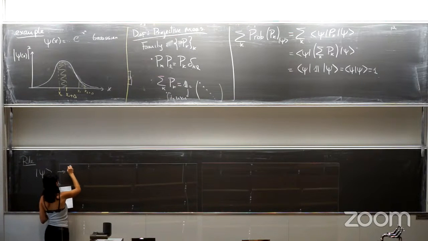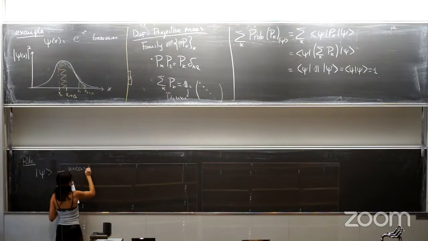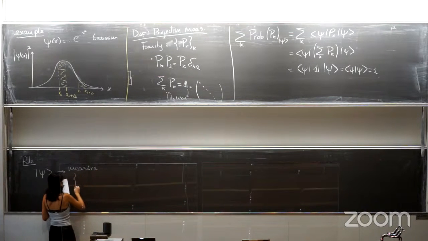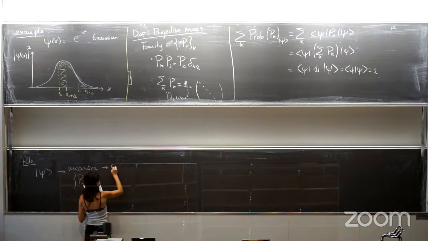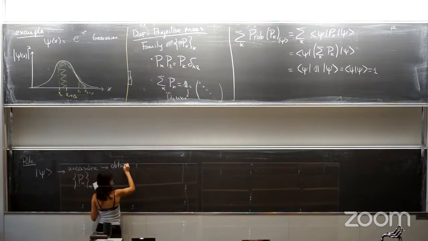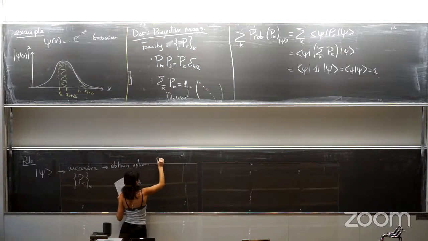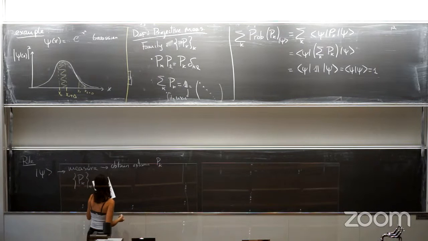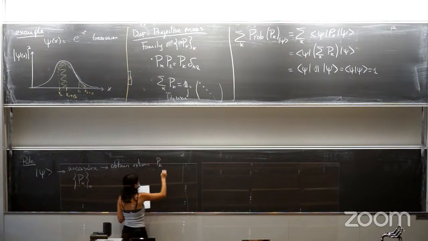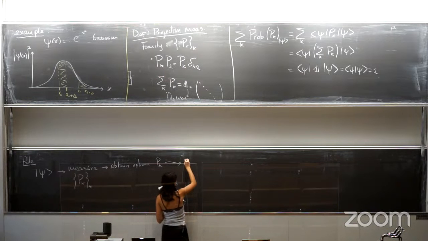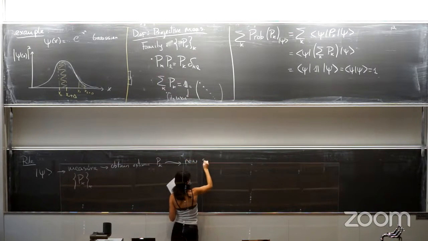you measure it, and you represent this by some projective measurement. And suppose that you obtain the outcome corresponding to pk. Then you disturb the state of the system. So the new state is this.